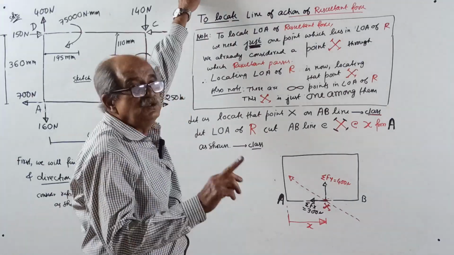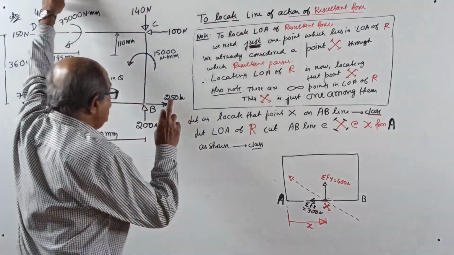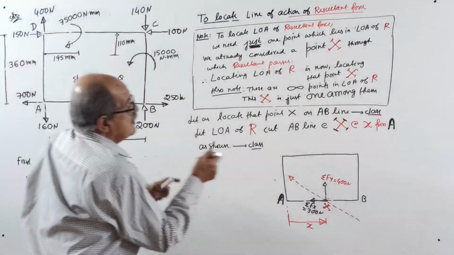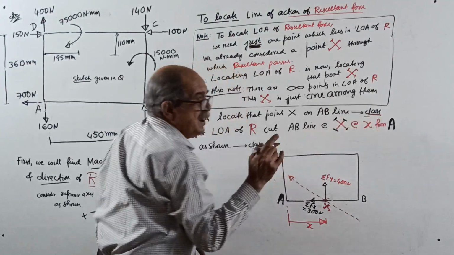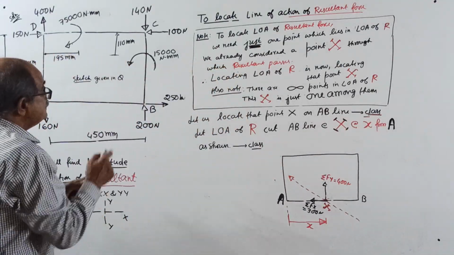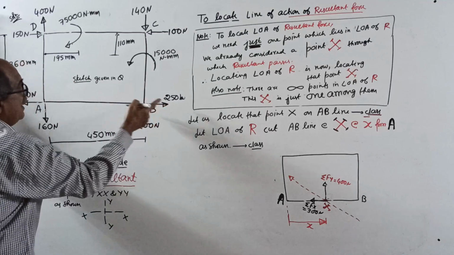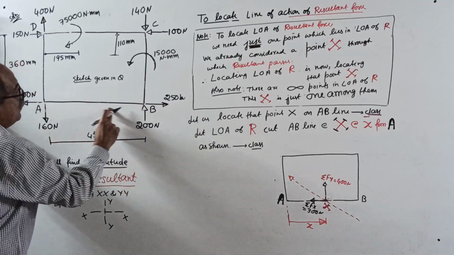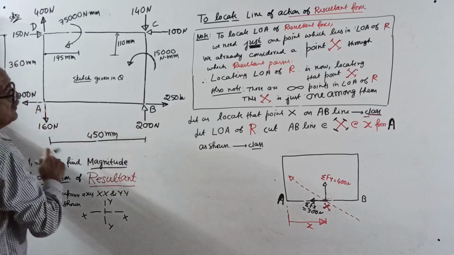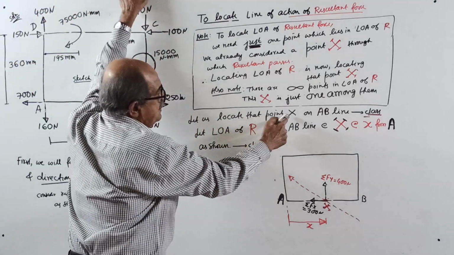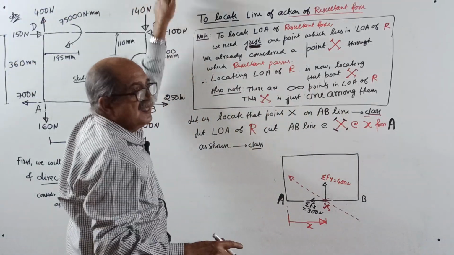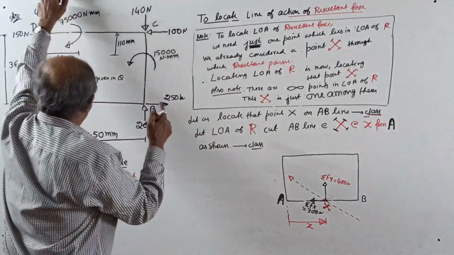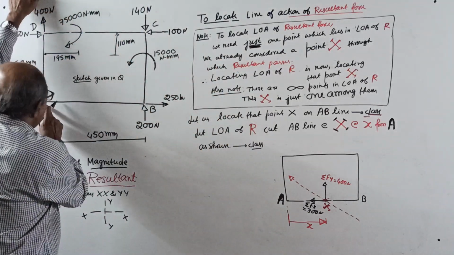Therefore, since no data is given for this question, we will locate the resultant on the AB line with respect to point A. So let us locate that point x on the AB line. Why? Nothing is told.